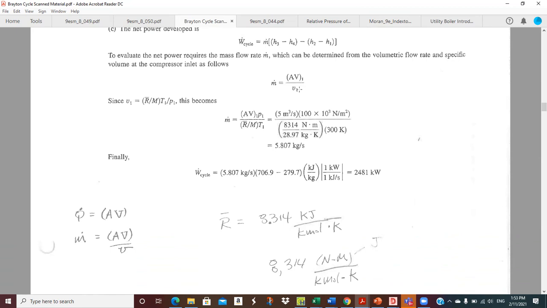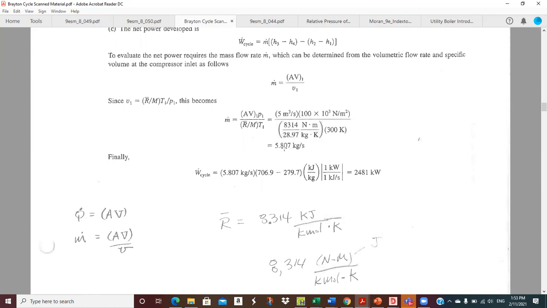Volume flow rate divided by specific volume. This is cross-sectional area times velocity, the 5 meters cubed per second. So the AV term is 5 meters cubed per second, and you divide it by the specific volume, which converts from this volume flow to a mass flow.